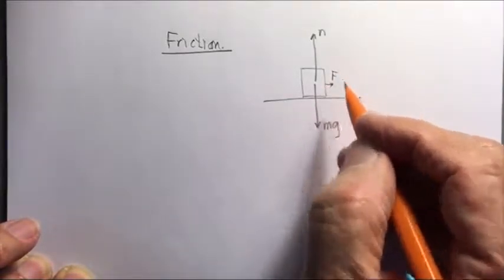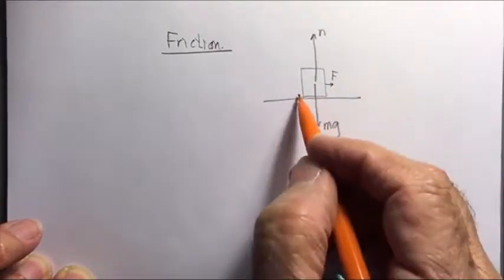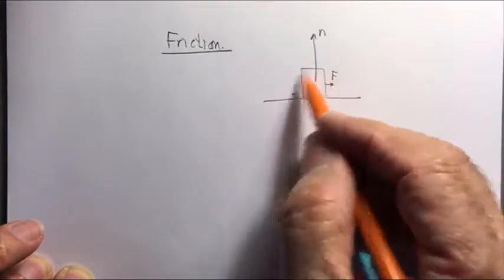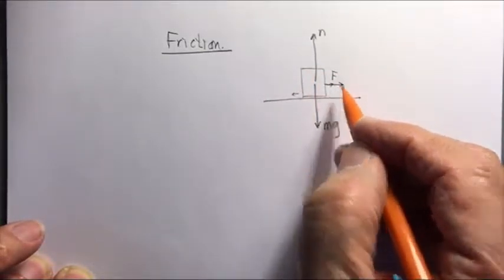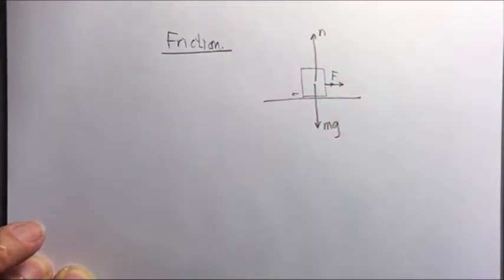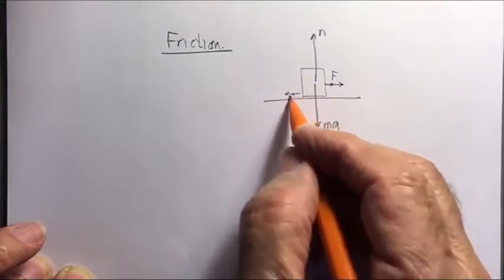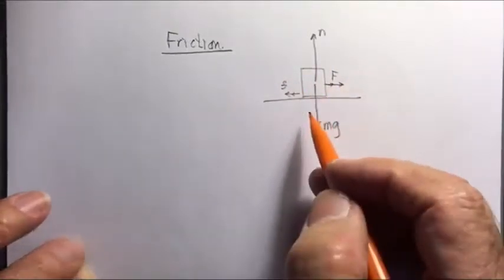Now we apply a small force, and the friction will always tend to oppose the motion. If friction is large enough, it acts backwards and is equal to the force, and it prevents the object from moving. So you increase the force, and the friction increases and is still exactly equal to the force, and the thing still does not move.